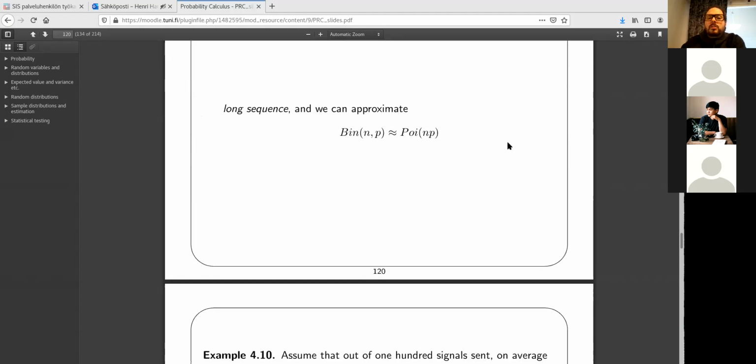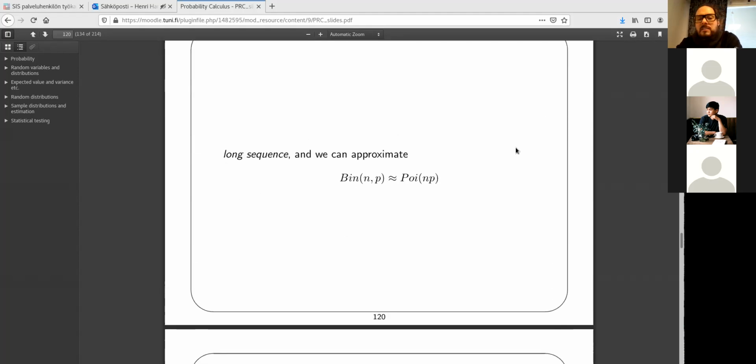So if n is very large and p is very small, then the binomial distribution with parameters n and p can be approximated with the Poisson distribution with parameter n times p. This is actually what we are going to be doing. Think about it this way.